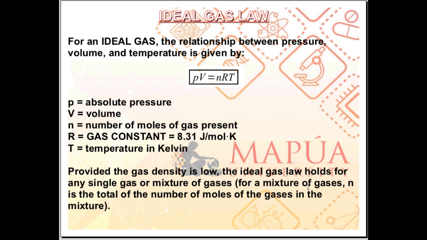For a mixture of gases, n, the number of moles, is equal to the total number of moles of the gases present in the mixture. So if the mixture is comprised of two gases, gas 1 and gas 2, and the densities of the gases are low enough, we can apply the ideal gas law. n will be equal to n of gas 1 plus n of gas 2, and so on.